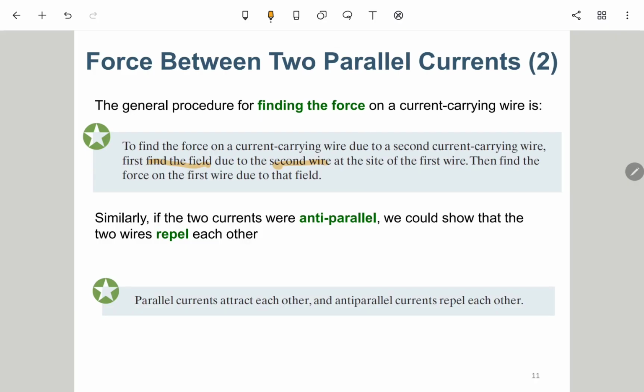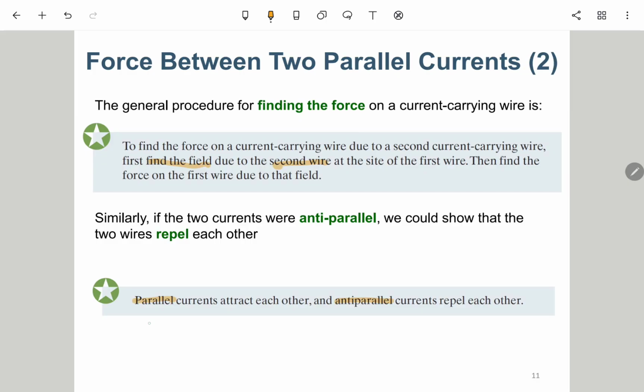Similarly for the two current wires, they are named parallel and anti-parallel. Parallel means the currents are in the same direction. Anti-parallel is defined to be the currents are parallel but in opposite directions.